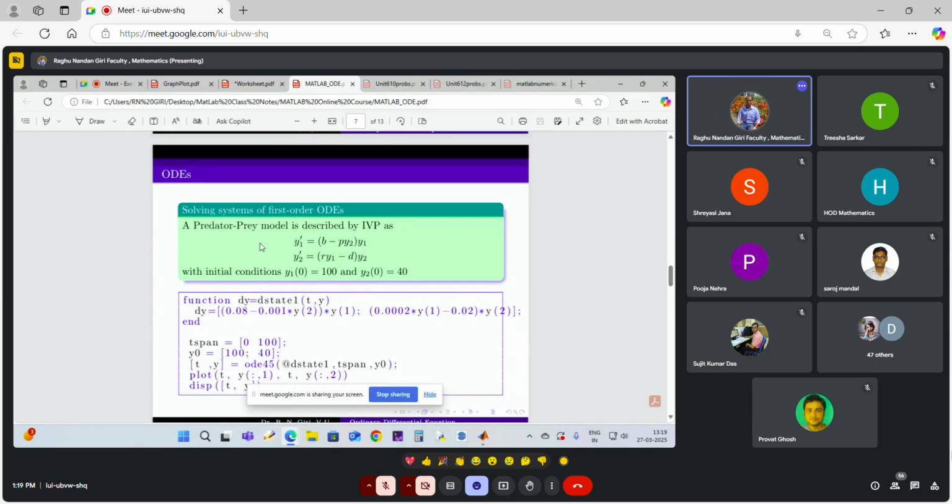Now I come to simultaneous first order ODEs with initial values. Suppose this is a function for a predator model.